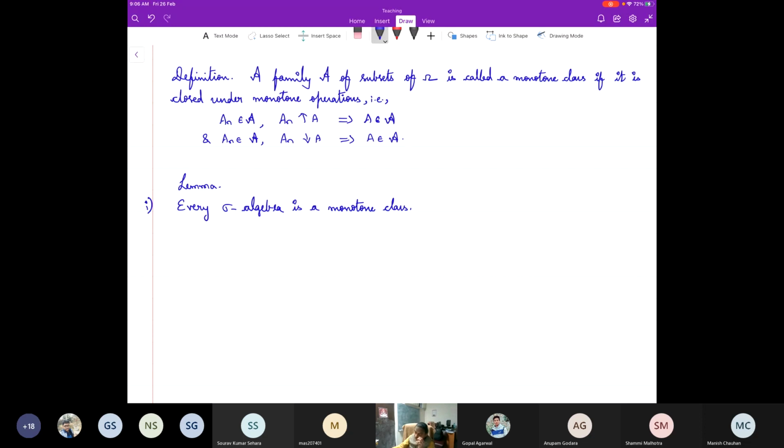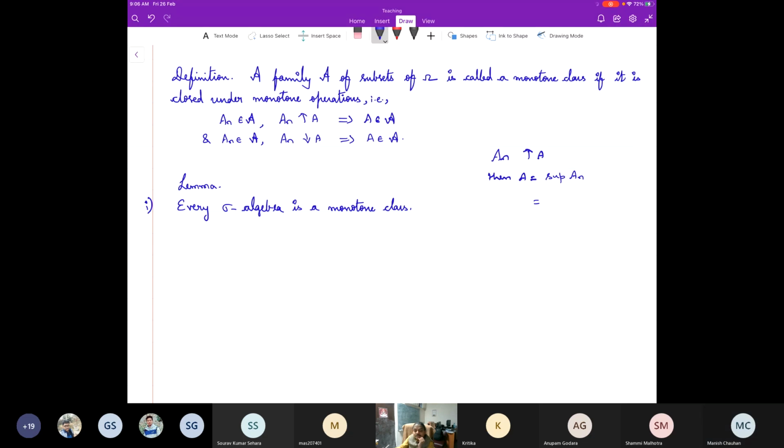If you have an increasing sequence A_n, and A_n increases to A, then what is A? The supremum of A_n. Can you be more precise?